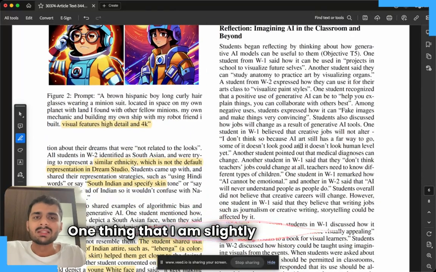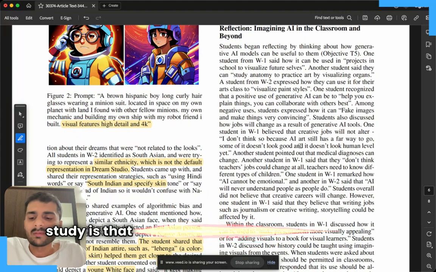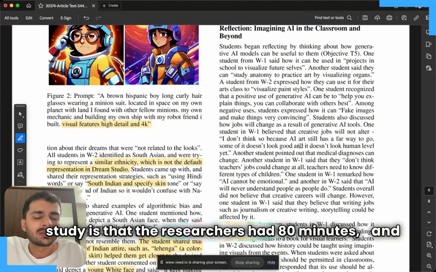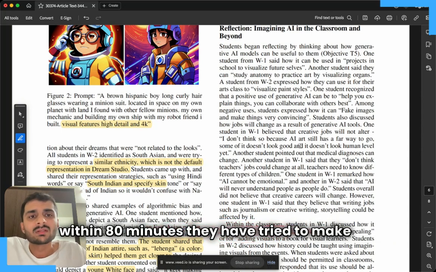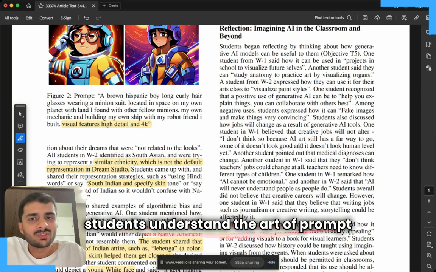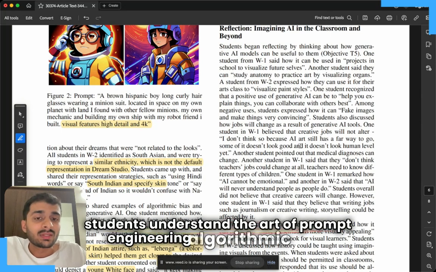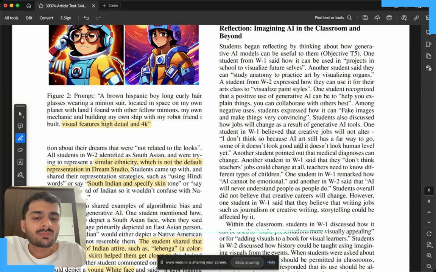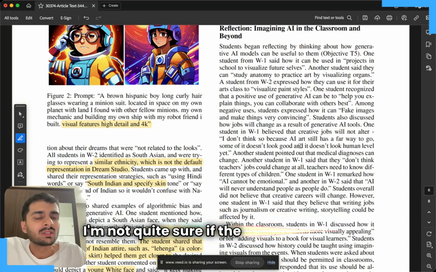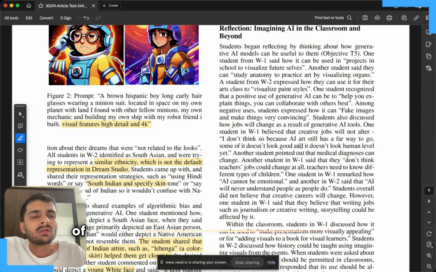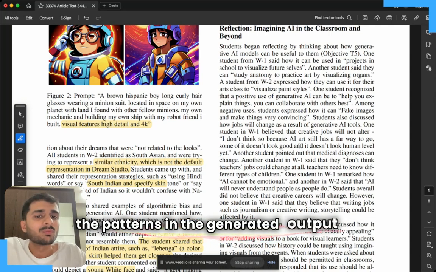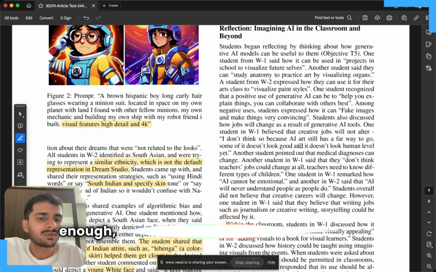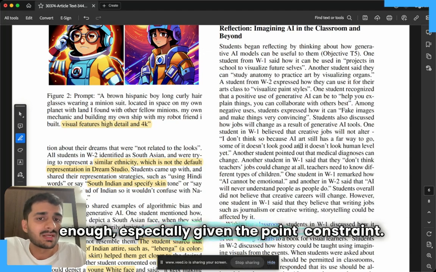One thing that I'm slightly skeptical about in this study is that the researchers had 80 minutes, and within 80 minutes, they tried to make the students understand the art of prompt engineering and algorithmic biases. I'm not quite sure if the point of correlating patterns in the data set with the patterns in the generated output was emphasized enough, especially given the time constraint.